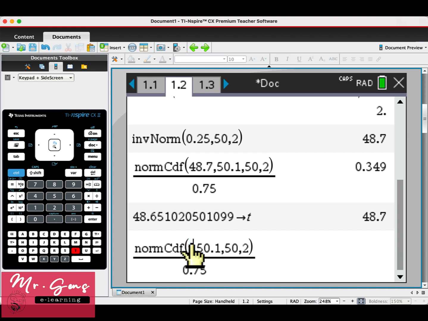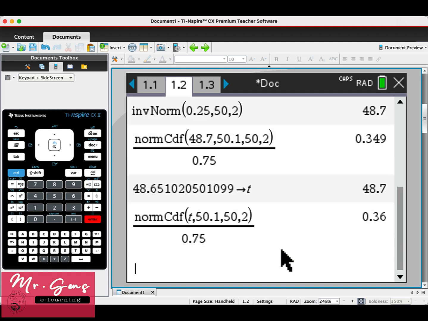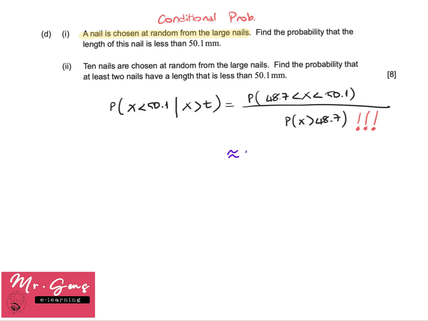Instead, what we can do, we can store it as t, and in the formula we can use t. As you see, we can obtain the correct answer now. That is really important, especially in statistics. Definitely store your answers as variables and use those variables for correct answers.